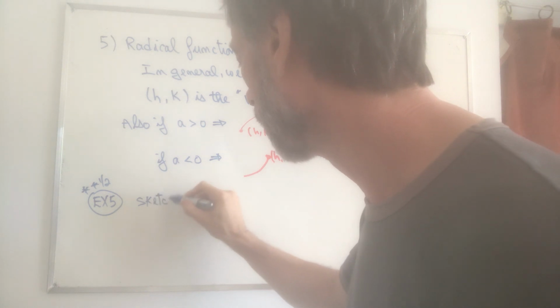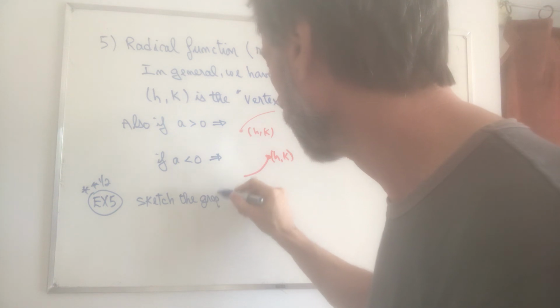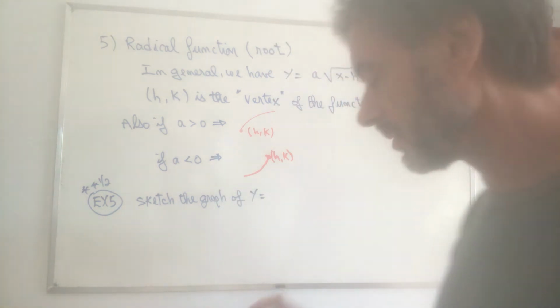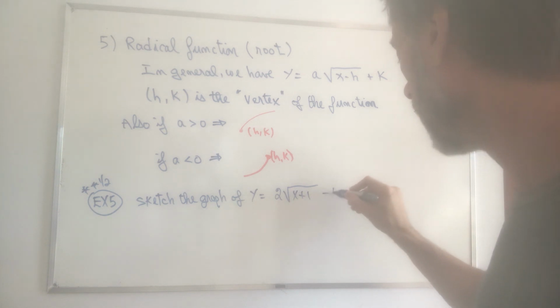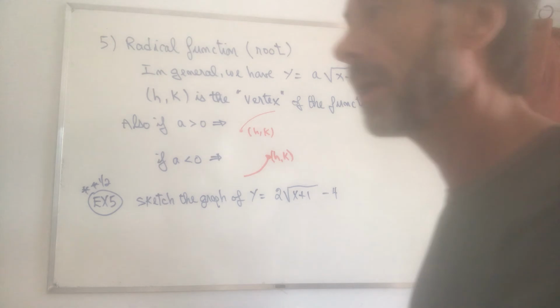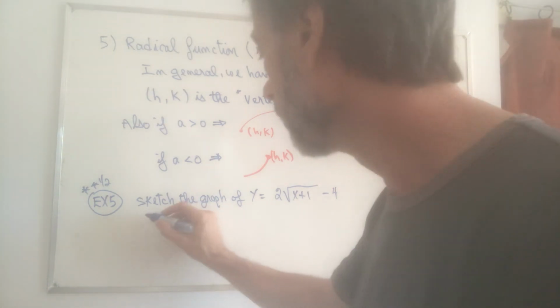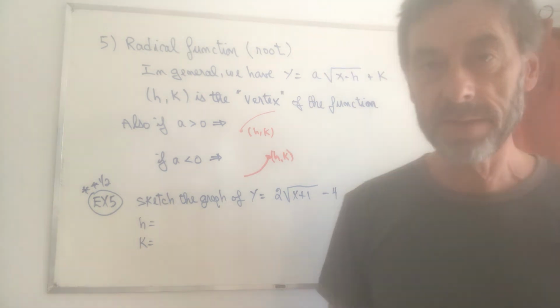Sketch the graph of y equals 2 root x plus 1, and trailing outside is a -4. Our job is to find the (h, k), to find where that root actually begins.